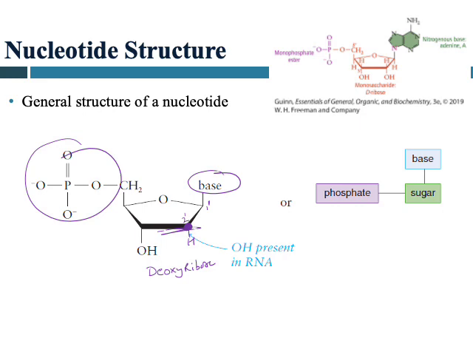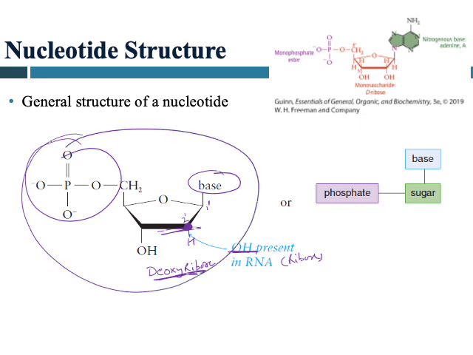But if it was ribose, then the OH should be present there, but OH is not present, only hydrogen is present. That means this is deoxyribose. And the time we know this is deoxyribose sugar, we know this nucleotide belongs to DNA, because we use deoxyribose. So this nucleotide is present in DNA, not in RNA. Right? And you can also draw the nucleotide like this: base attached to the sugar, and phosphate also attached to the sugar. So this is also a nucleotide.